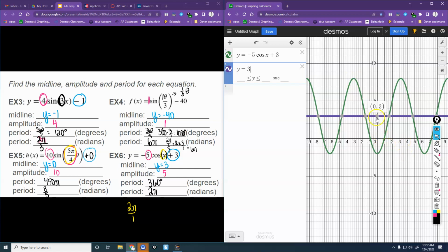The period is a little more difficult to see here because you're going to this minimum point, but it still tells you it's 2 pi. I always start at the y-axis and then just look at when it starts to repeat. That happens right there at 2 pi. So that would be your period for the graph. Okay, questions?